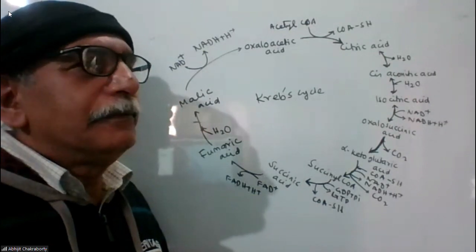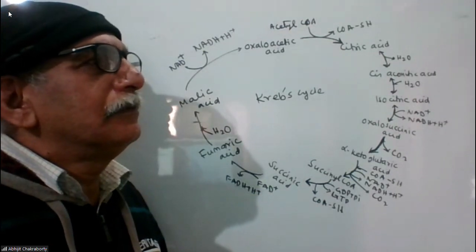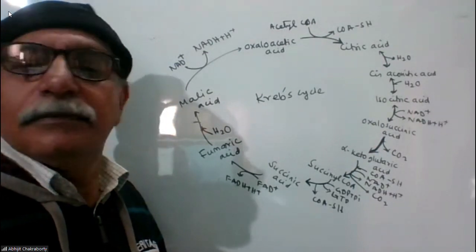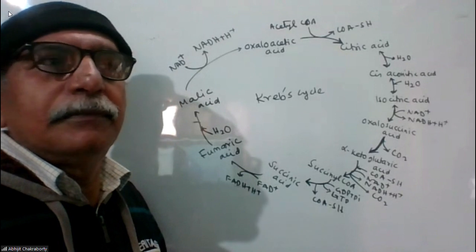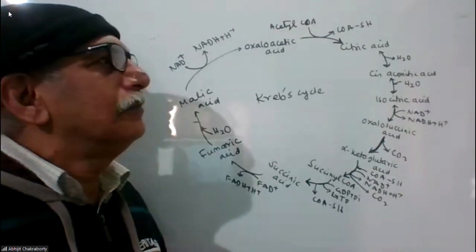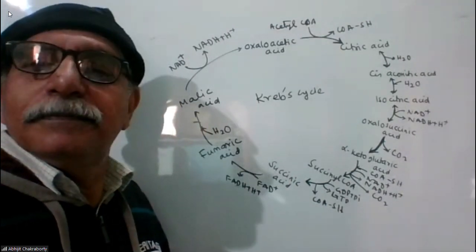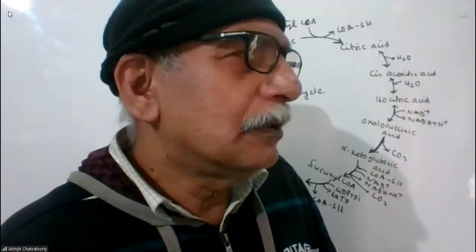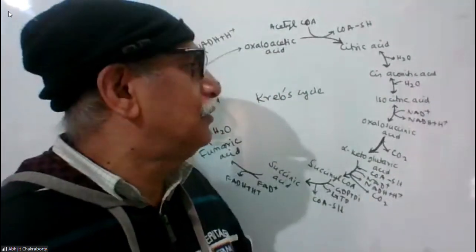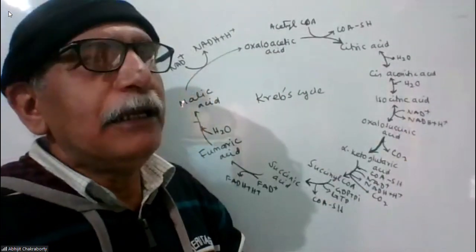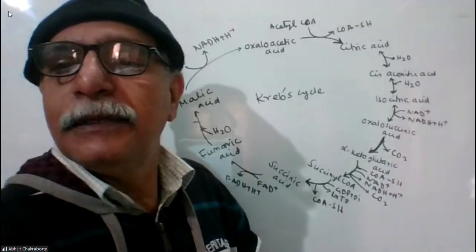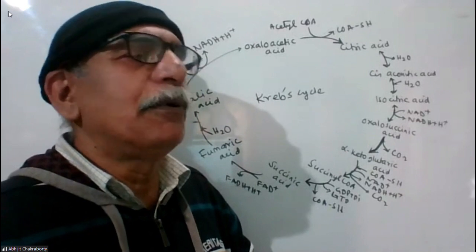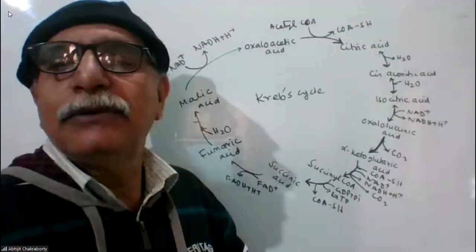Can you tell me why? Sir, huge amount of energy is required for Krebs cycle. No, not energy now. Basically, one thing I'm telling you is if you go to all steps, in no step oxygen takes part, but Krebs cycle cannot be operated in absence of oxygen. Question is why?